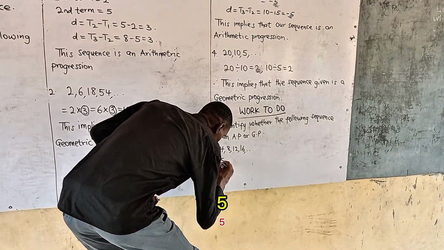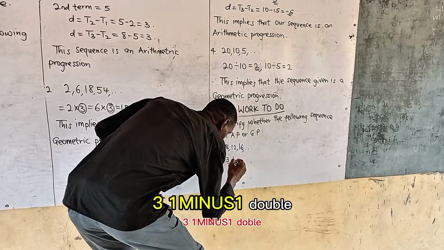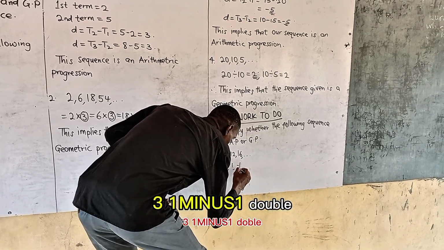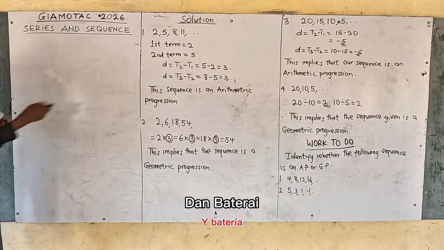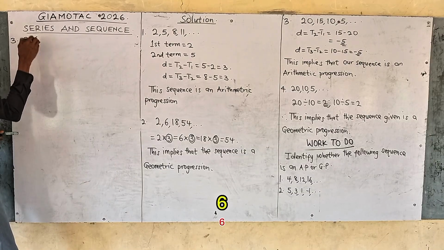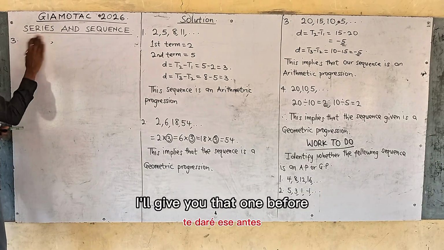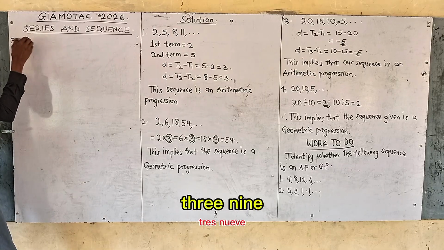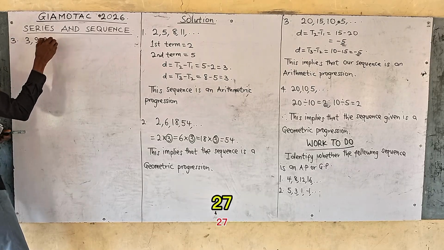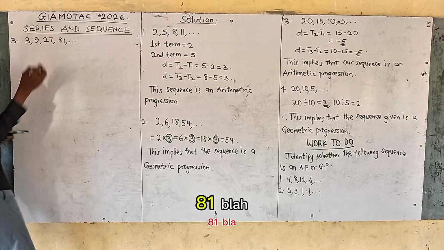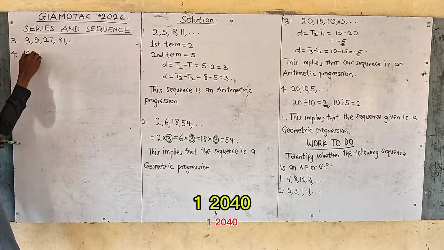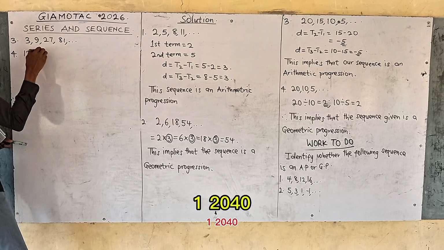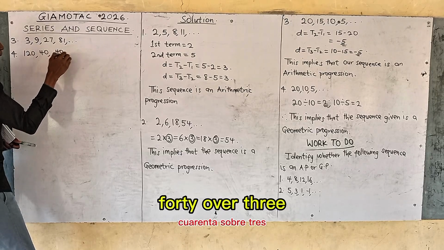Number 2, 5, 3, 1, minus 1. Number 3, 2, 6, 18. Let me give you another one: 3, 9, 27, 81. Number 4, 120, 40, 40 over 3.